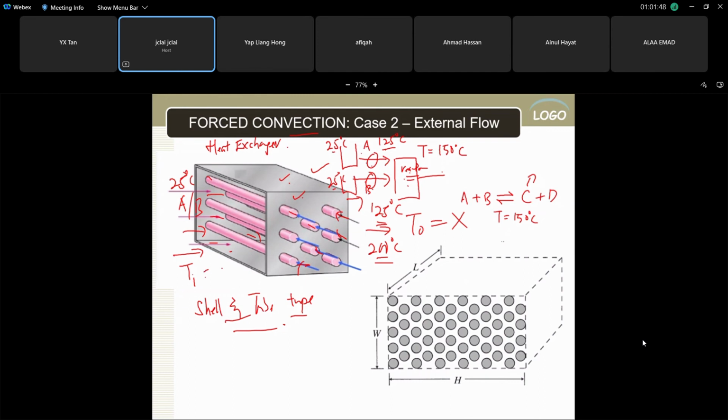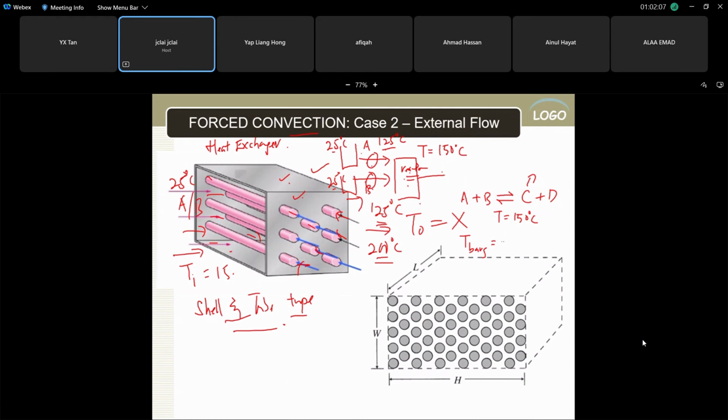So you don't have a correct T bar average, because you need to assume it.